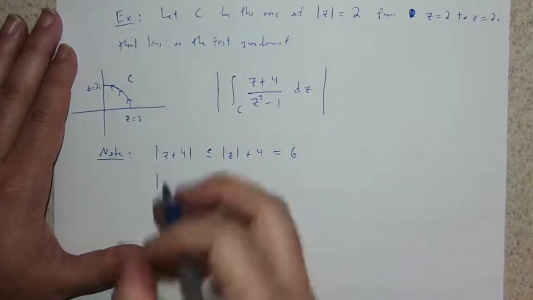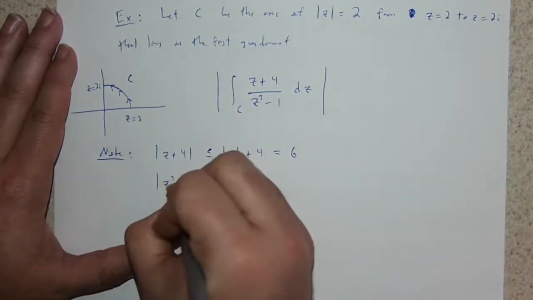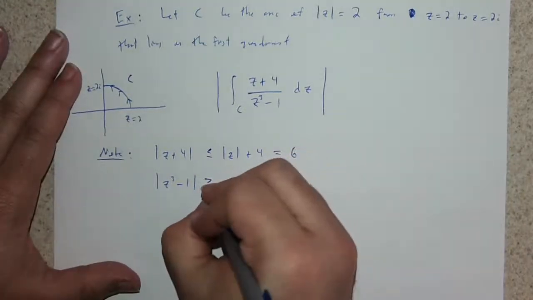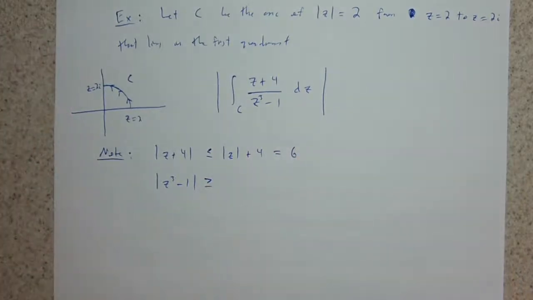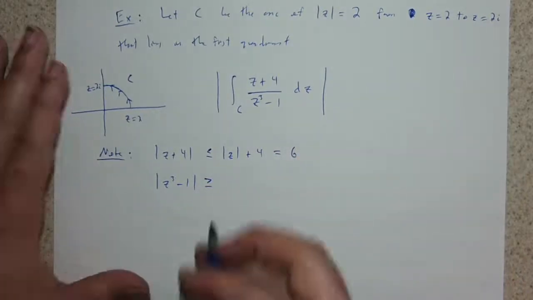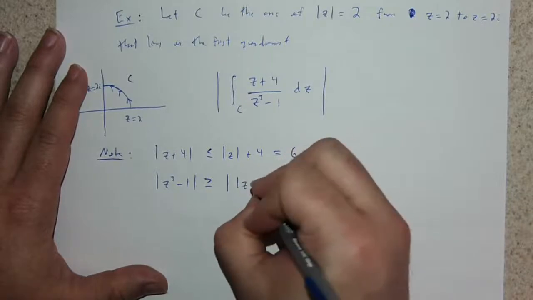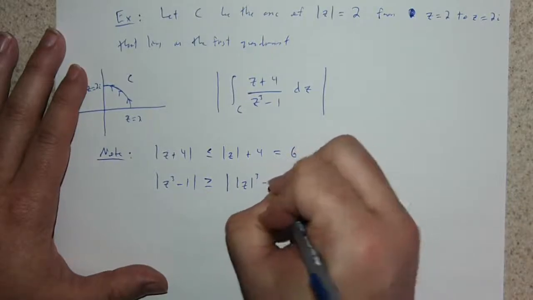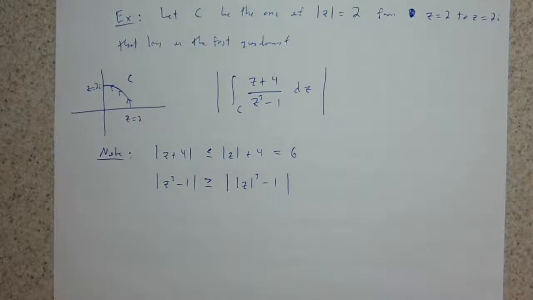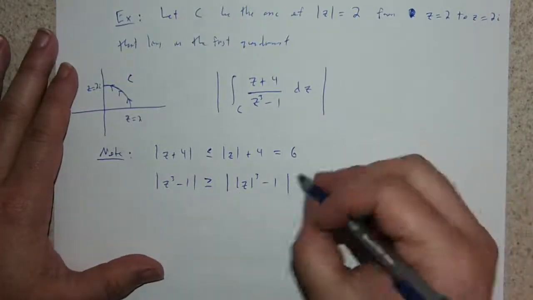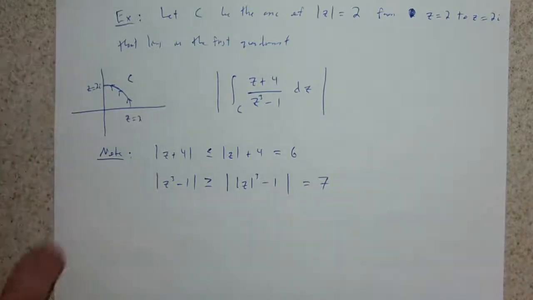Similarly, if I look at this thing, again by those related inequalities to the triangle inequality, this was greater than or equal to the absolute value of the modulus of z cubed minus 1. But this is 8 minus 1, so this is 7.